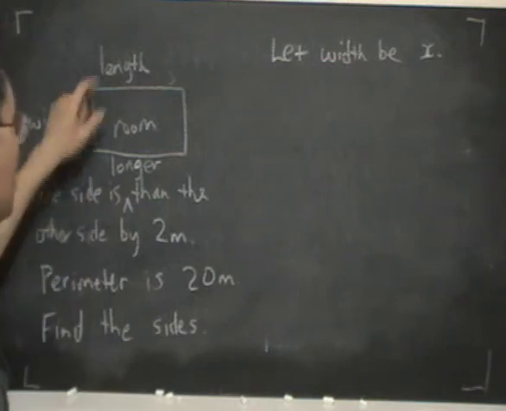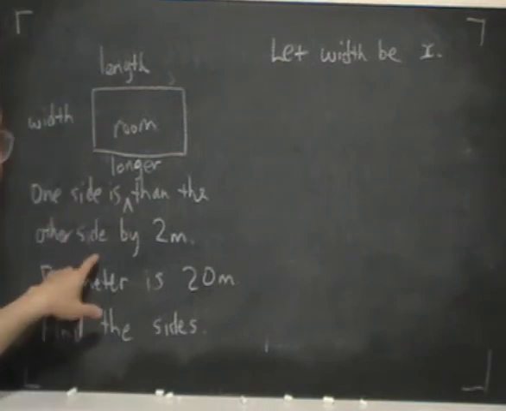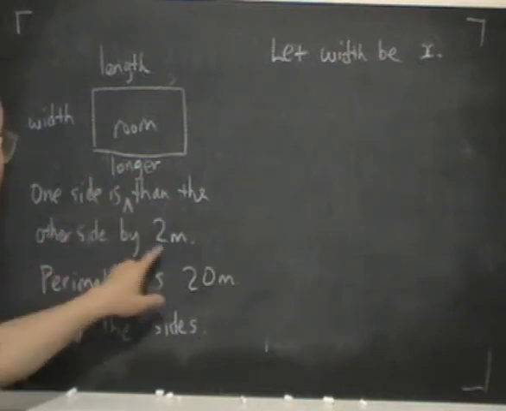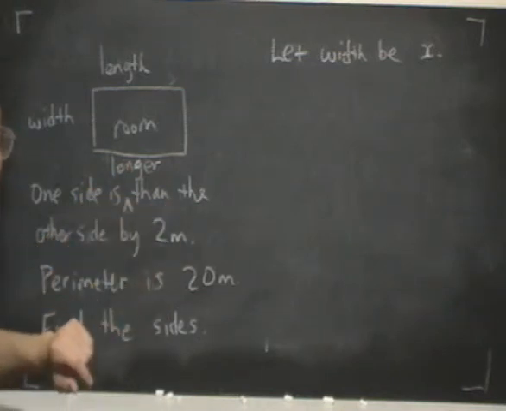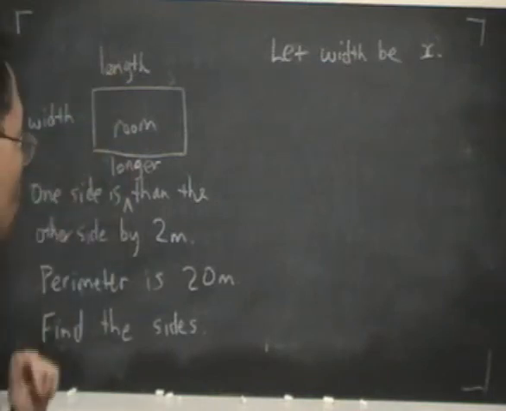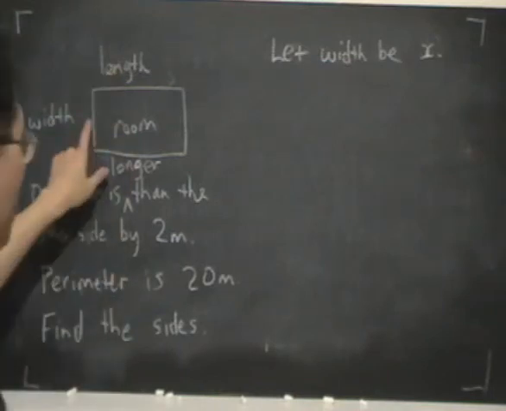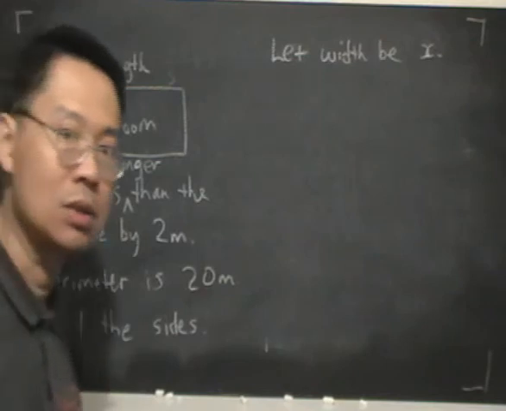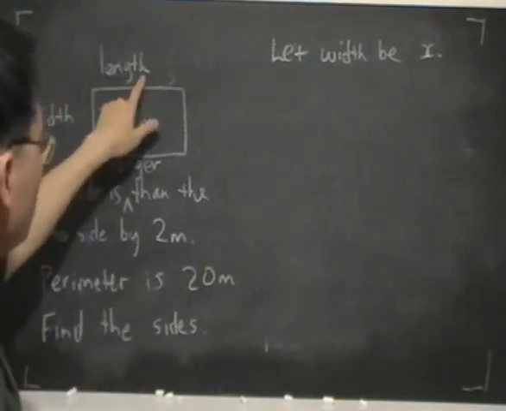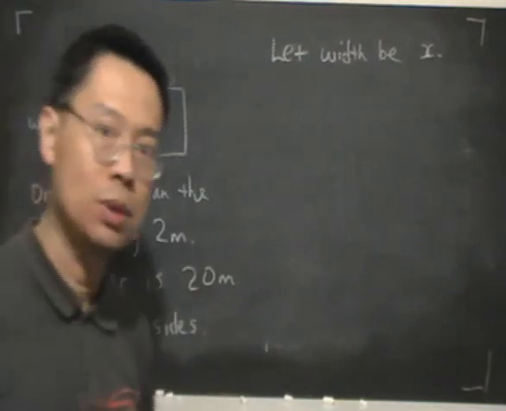For example, the length. What do we know about the length? We know that one side is longer than the other side by 2 meters. So the length is the longer side and is longer than the width, which is the other side. So the length is longer than the width by 2 meters.